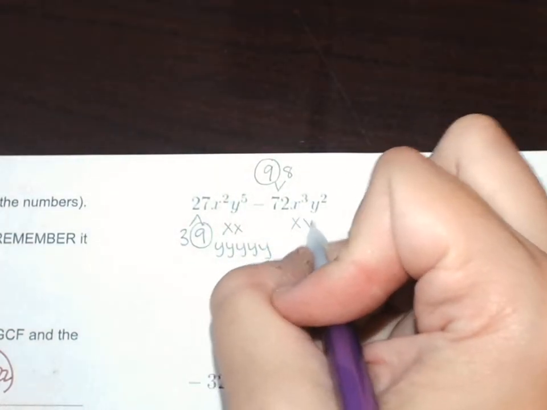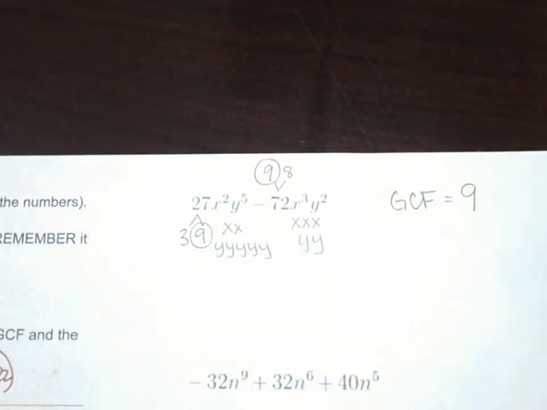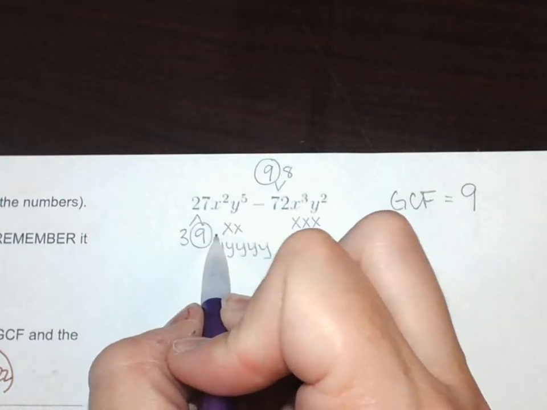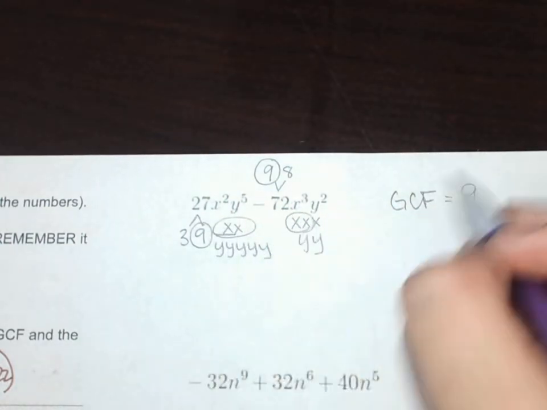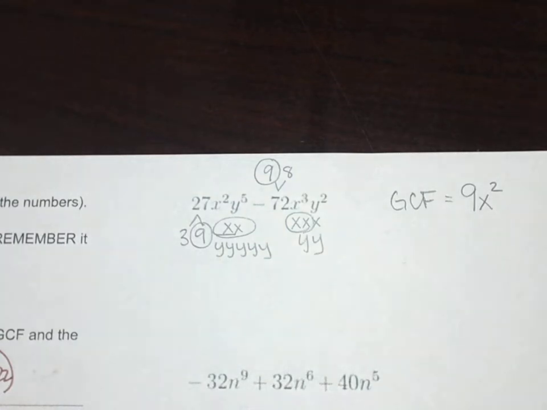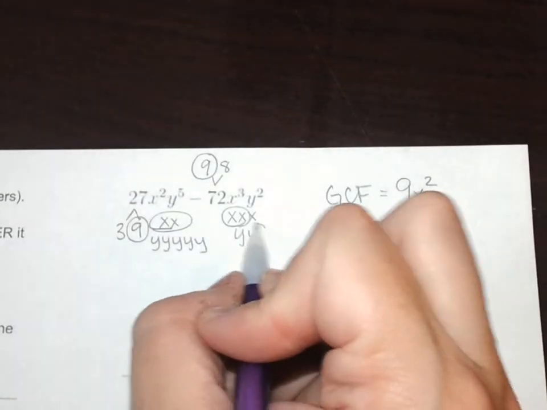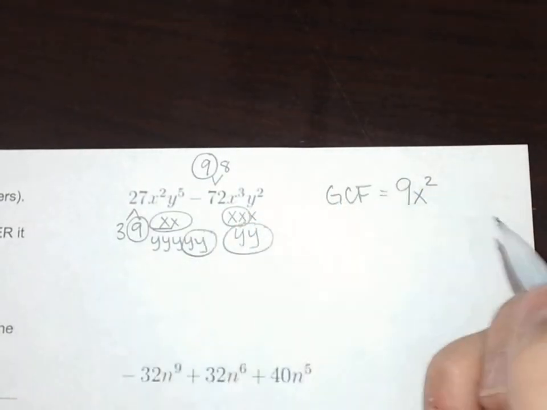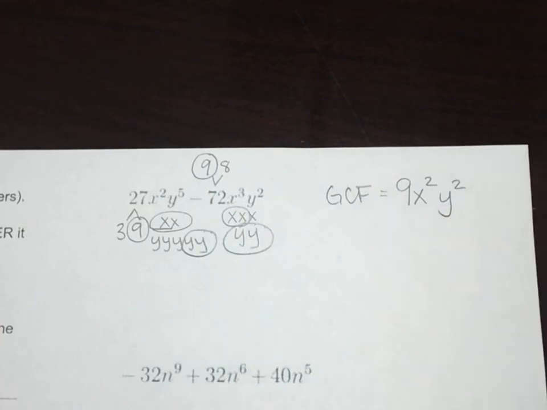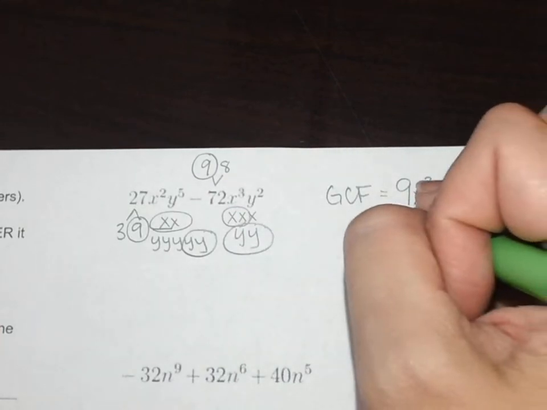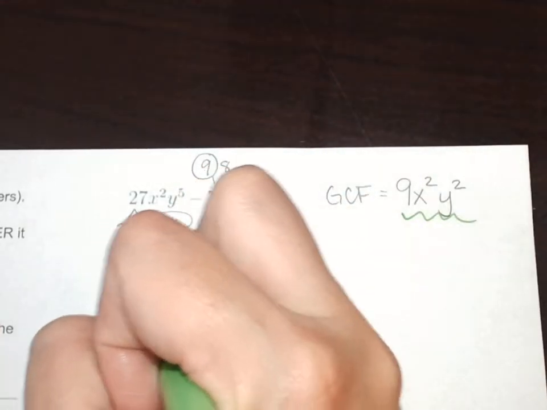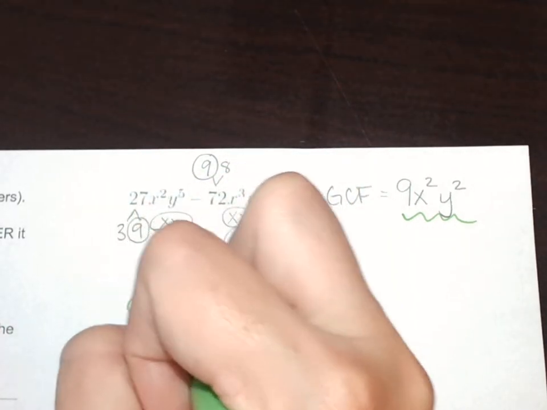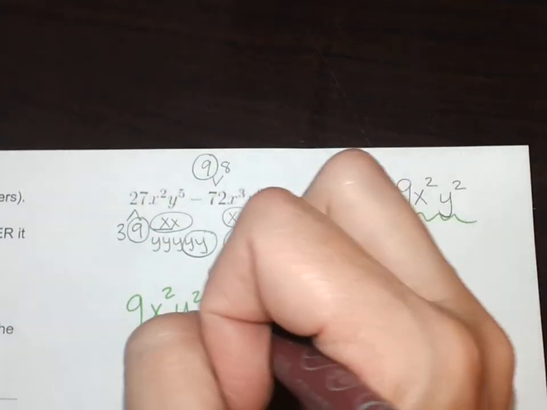Here I have 3 x's and 2 y's. So the maximum number of x's that I can factor out is going to be 2. So I'm using x squared. Now the maximum number of y's I can factor out is 2. So I have a y squared. That is my greatest common factor. So I have 9x squared y squared out in front of the parentheses.